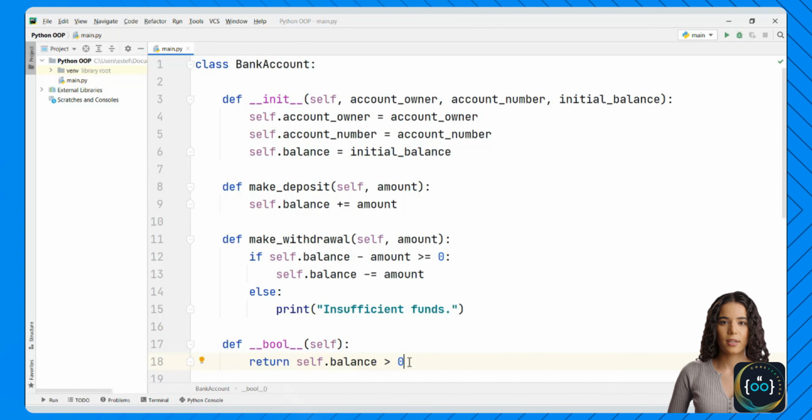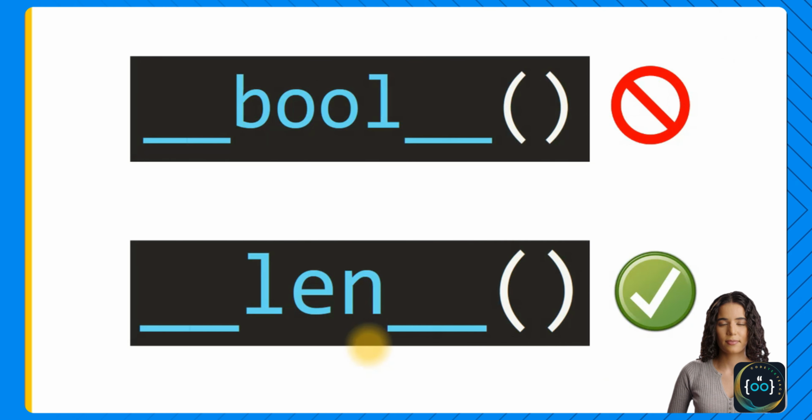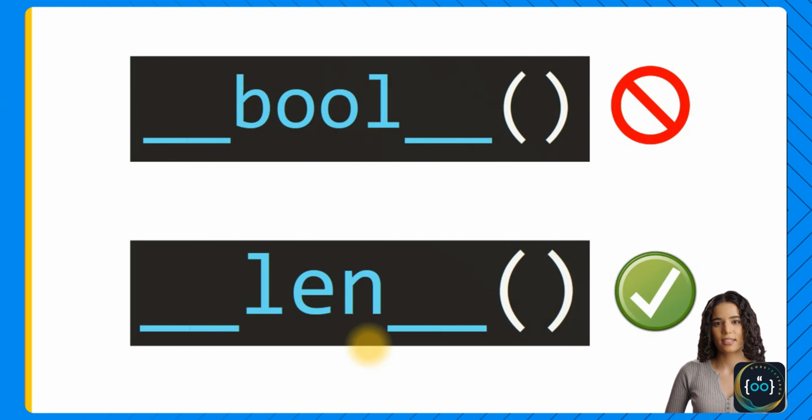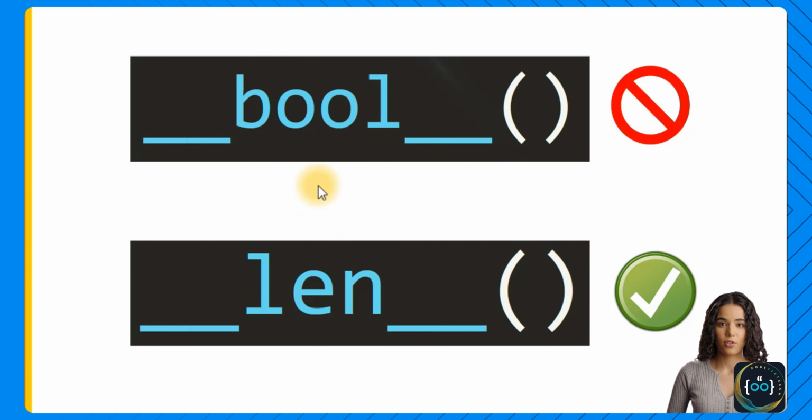Let's see a final case that was mentioned in the documentation. Now we know what happens when we implement the bool method in the class, but there is another scenario that we could have that Python handles correctly.